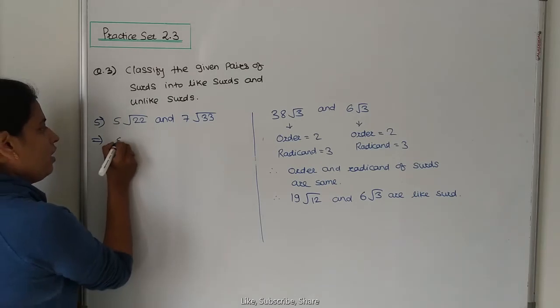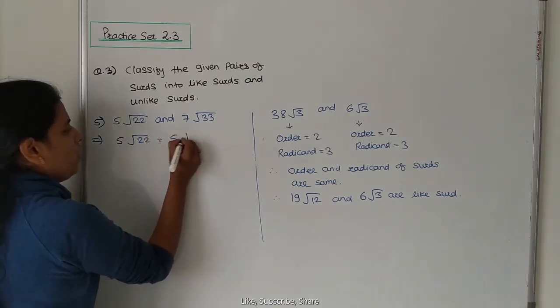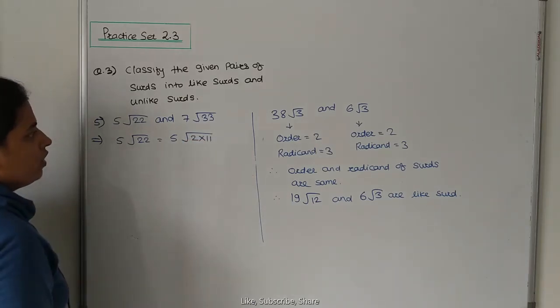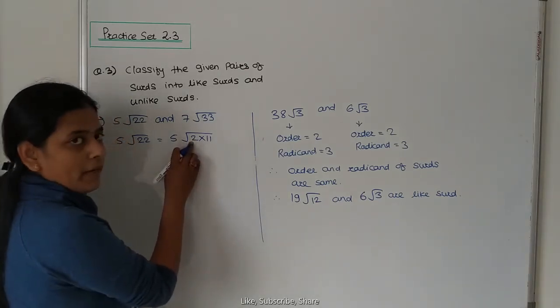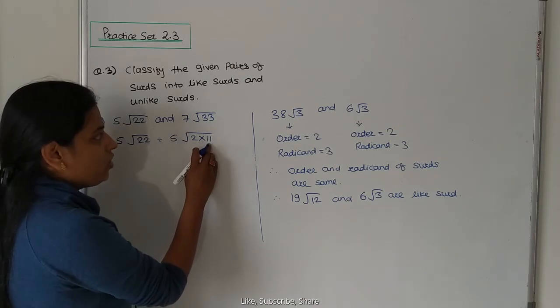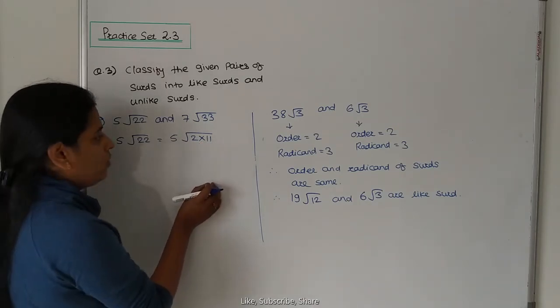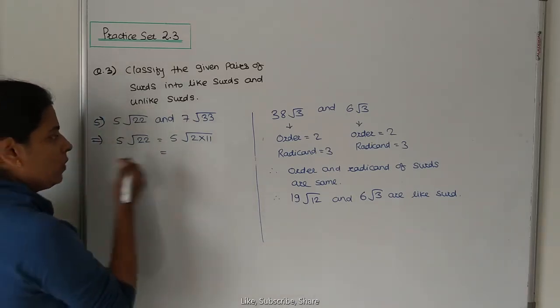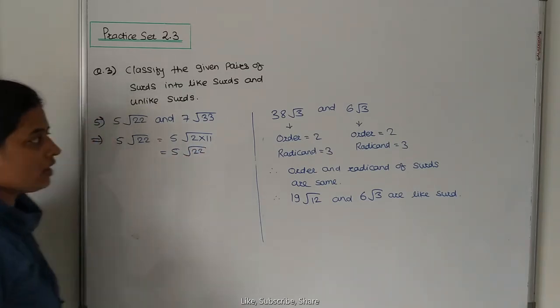So 5 root 22 is written as 5 root 2 into 11. So observe here, this 2 is a prime number and this 11 is also a prime number. So we cannot factorize further. That means the value stays the same, so we put this value as it is.